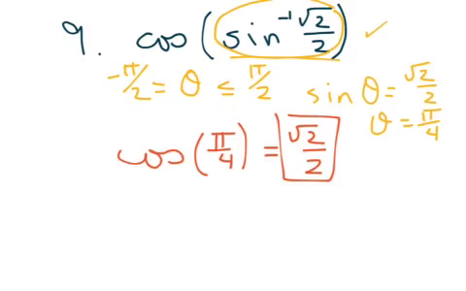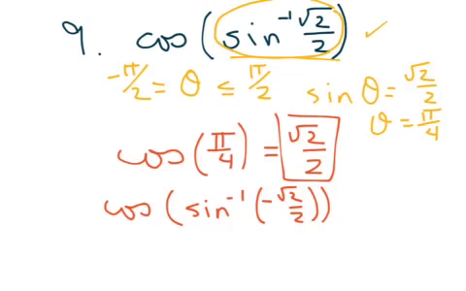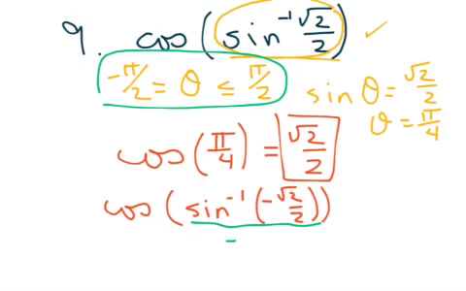Now what if I asked you what is cosine of sine inverse of negative root 2 over 2? Then you notice, according to our domain for inverse functions, that in this case this equals negative pi over 4. So you can't say this is 7 pi over 4, because we can't go through quadrants 2 and 3 to get to quadrant 4.